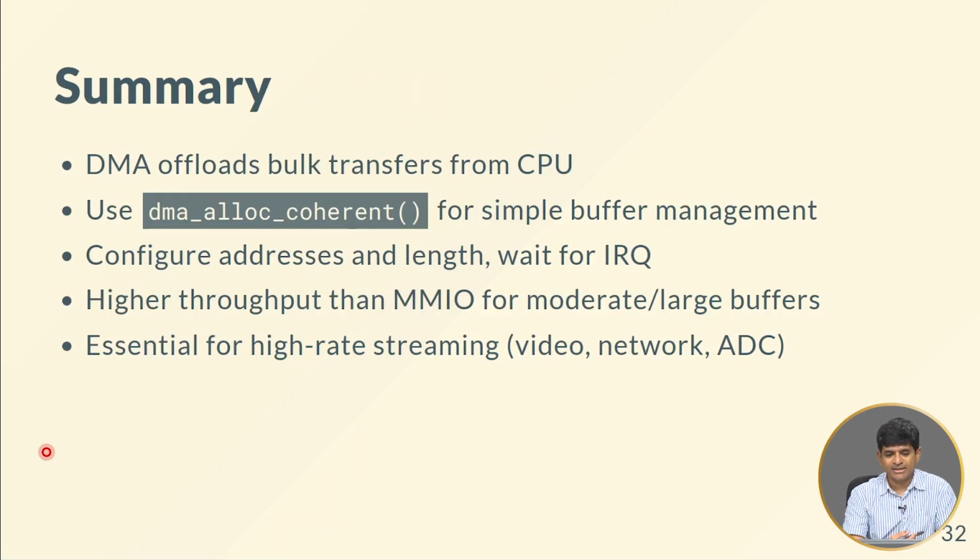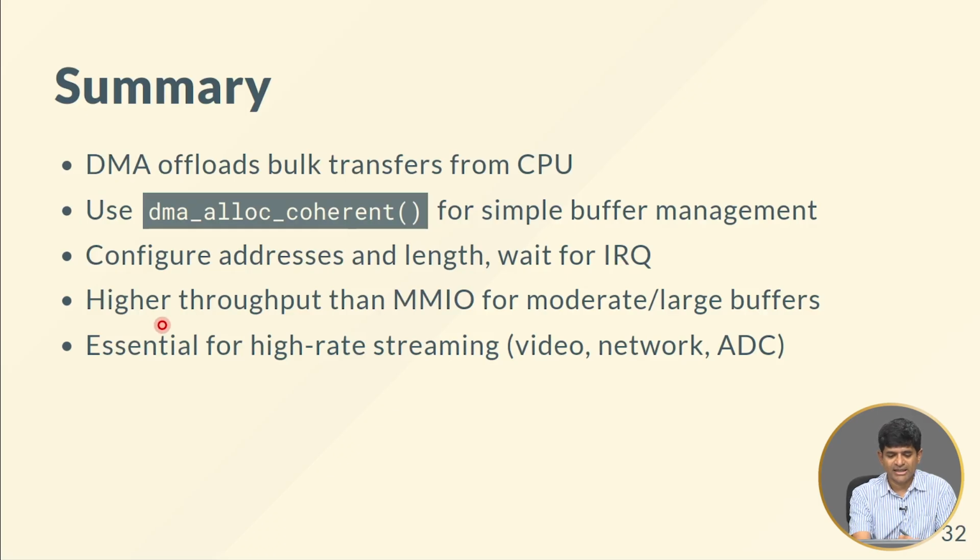So to summarize, right, DMA basically allows us to offload bulk transfers from the CPU. There are a few things that you need to keep in mind. DMA memory allocation has to be done in such a way that you keep cache coherency in mind. The way that it is used is that you typically configure the address and length and then just wait for the IRQ, which means that your driver needs to respond appropriately when the IRQ happens.